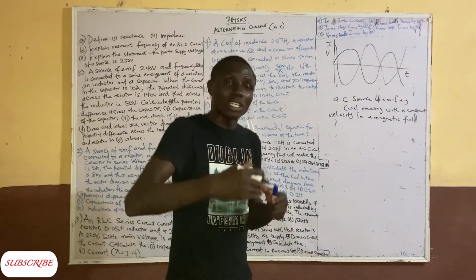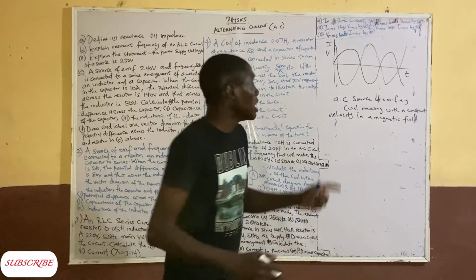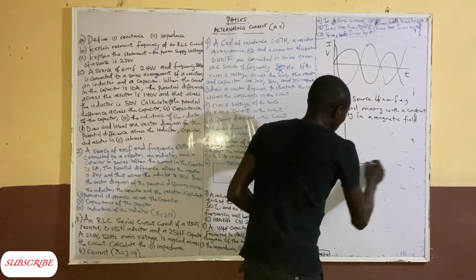The AC current flowing in such an object, called a coil, with a constant angular velocity can be determined using a phasor, which is something like this.